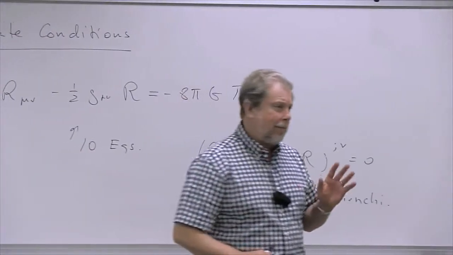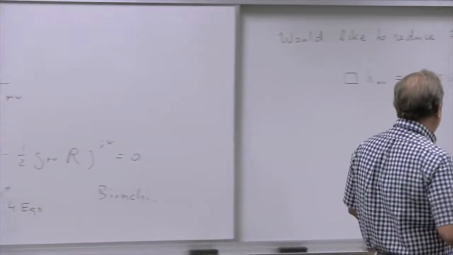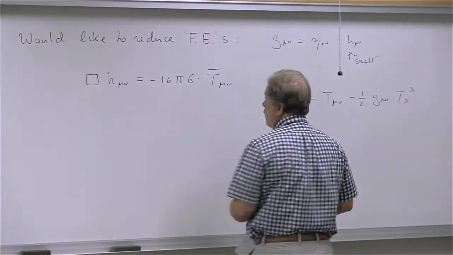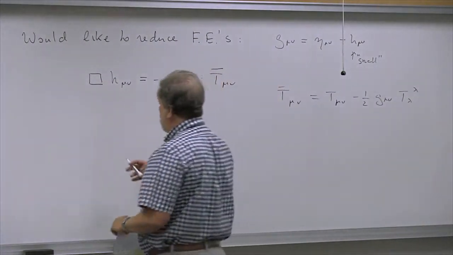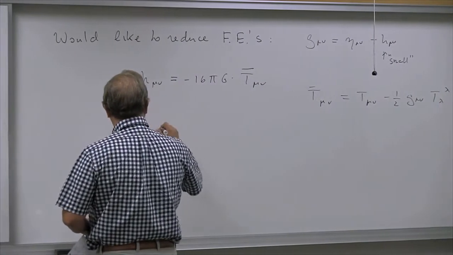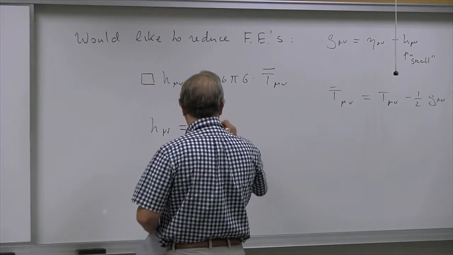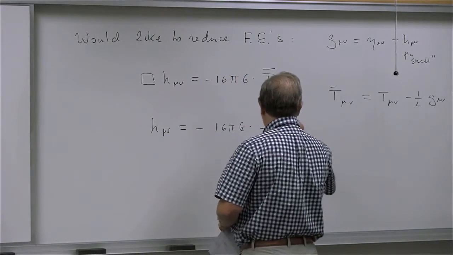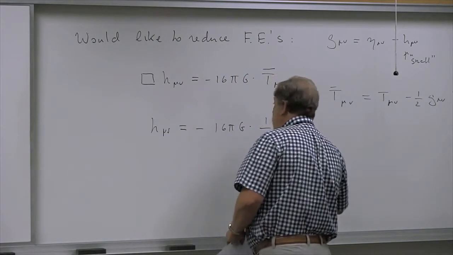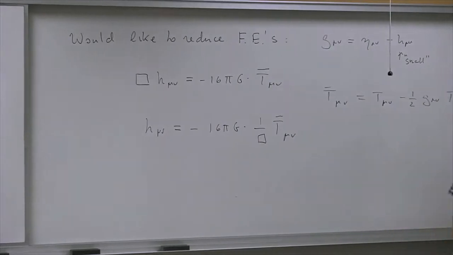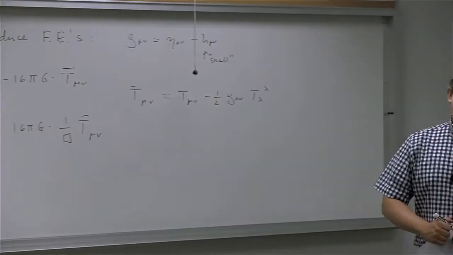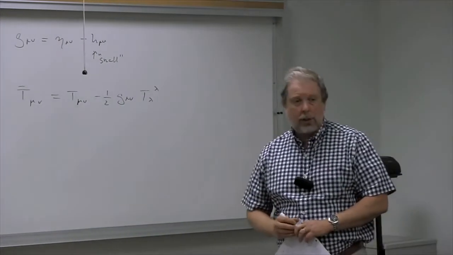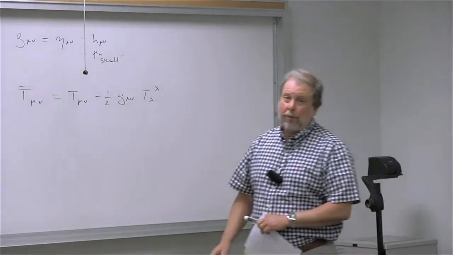But that's not very important at this point. So if we are in this situation, then of course this is great, because then h mu nu is going to be equal to minus 16 pi G times 1 over the box times this T bar mu nu. And we have basically been able at that point to write the gravitational field in terms of the sources in the same way that you do in electromagnetism, right?